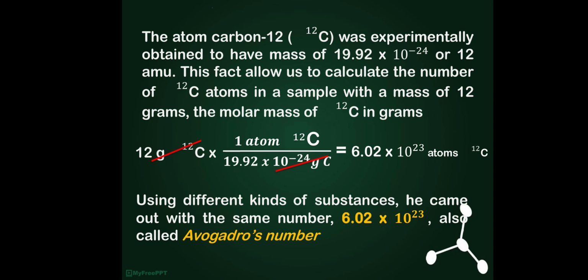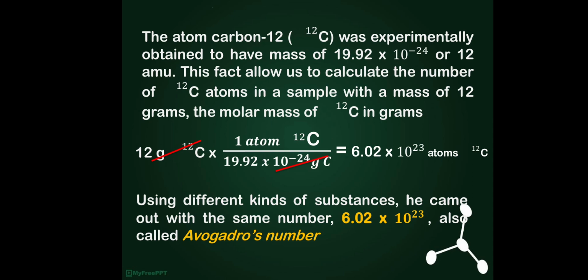So now we have 12 grams of carbon, multiplied by 1 atom, and divided by 19.92 times 10 to the negative 24 power grams. So cancel the same unit. This is just a representation. Sorry, it is constant.